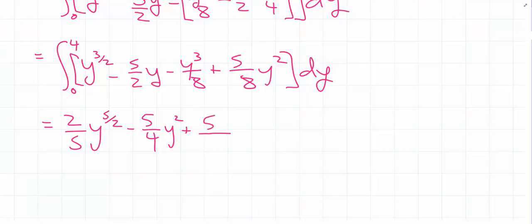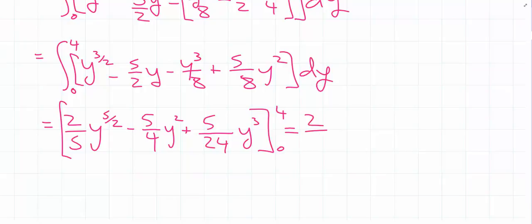Plus 5 over 24 y cubed. Now just take a minute, make sure I did everything correctly. I think I did. Okay, now let's see where we land here. Okay, so fortunately, putting in a 0 is not going to matter. So all we have to worry about is that top bound.